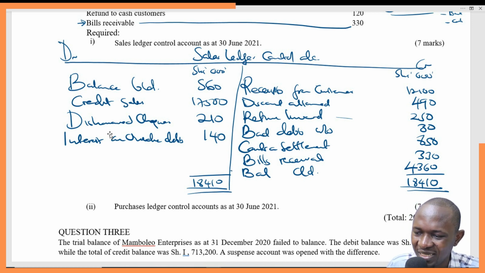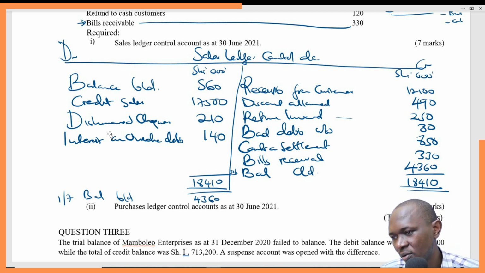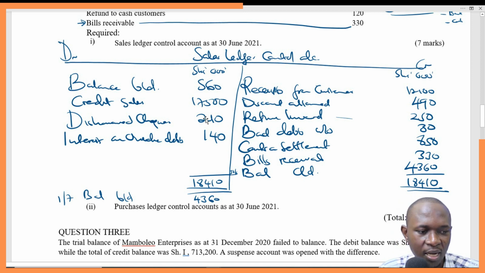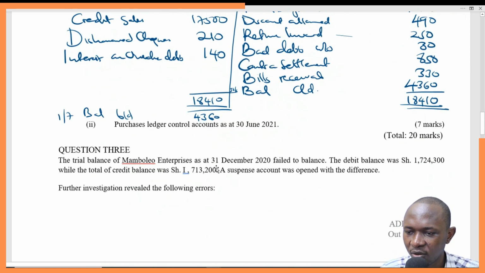And this is on 30th June. If we write the dates, then on 1st July we will have balance brought down of 4360, like that. So that's how we go about the sales ledger control account.